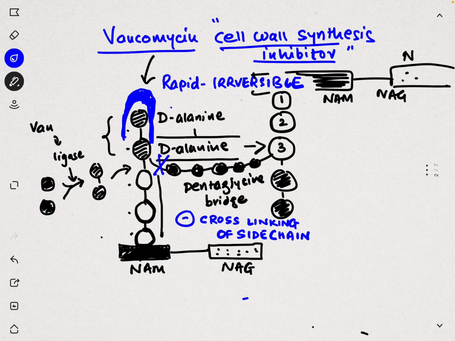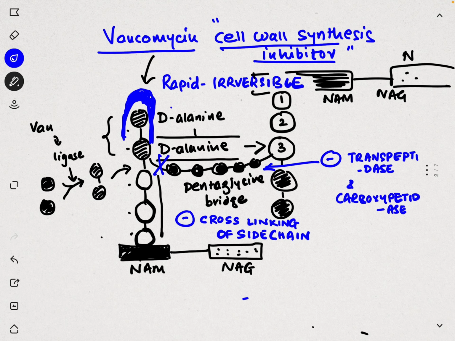So this pentaglycine bridge will also not form, because vancomycin will also inhibit the transpeptidase as well as carboxypeptidase, which will also culminate in the same thing.